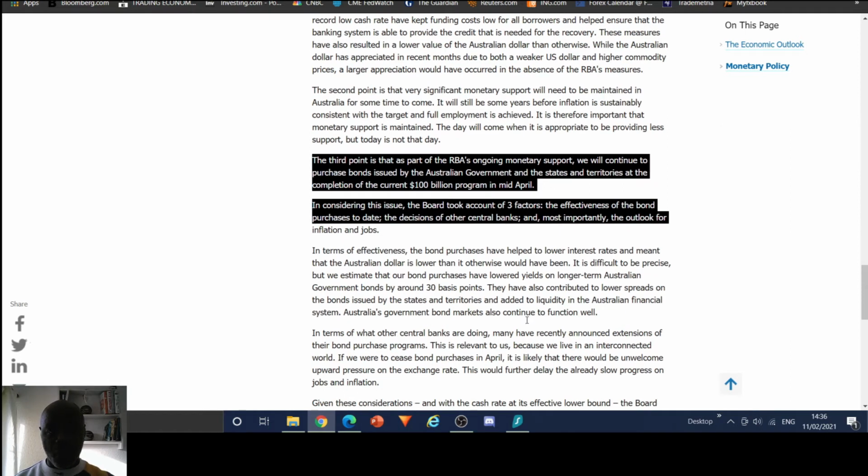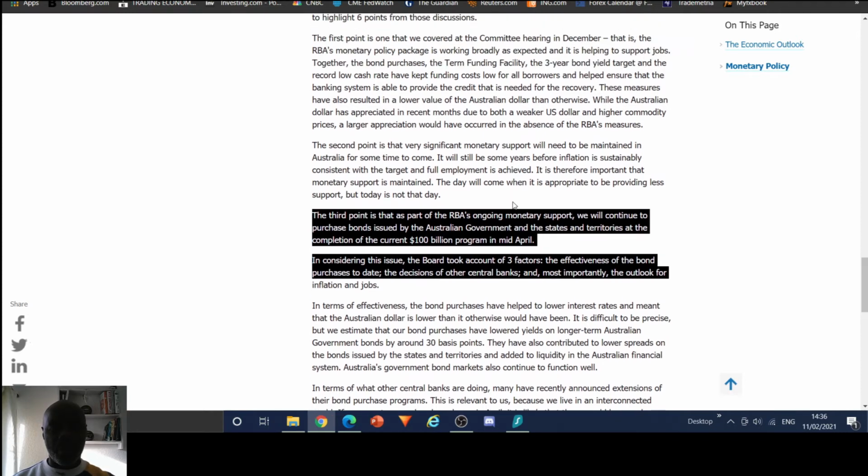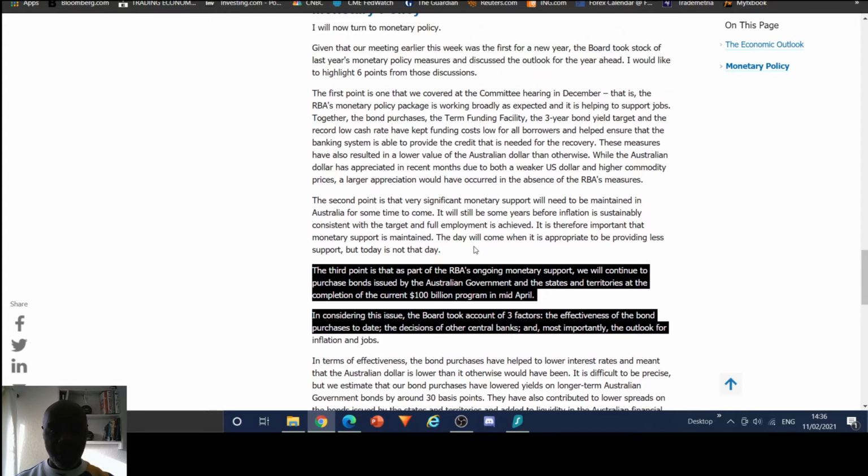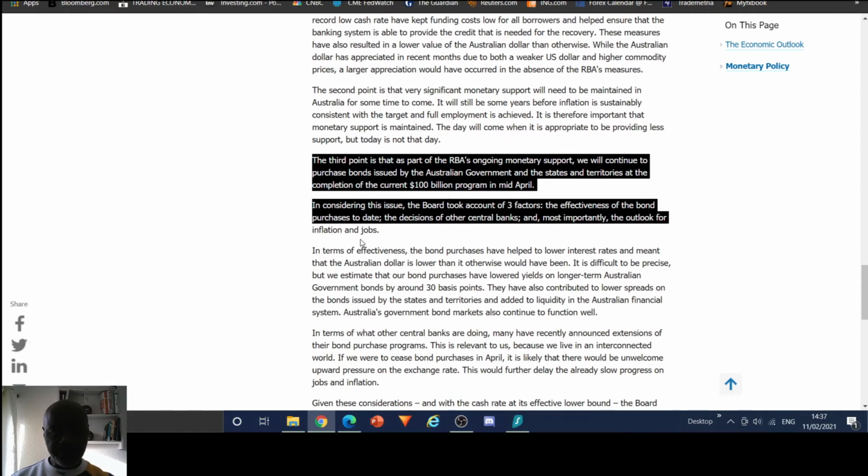So as a net result, they're going to be trying to keep the Australian dollar cheap. Whether they're going to be able to do that remains to be seen, because as you can see by what he said, the reasons for the Australian dollar appreciating are a weak US dollar and strong commodity performance, but I'll come back to that.